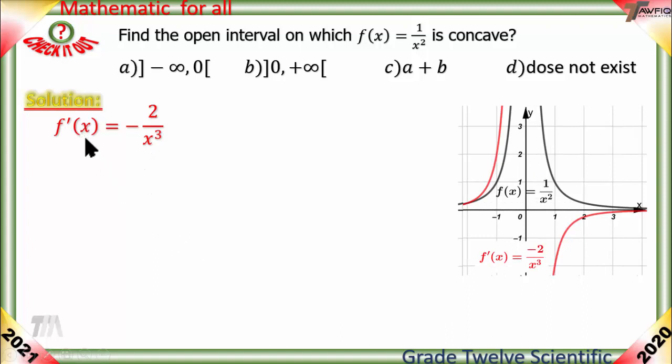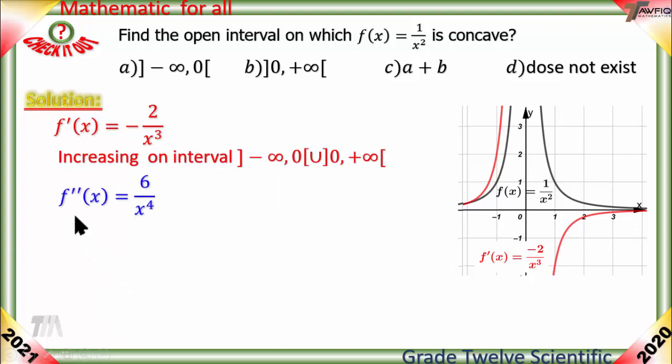If we draw the graph of the derivative function, it looks like this, and this function is increasing from minus infinity to 0 and from 0 to positive infinity.